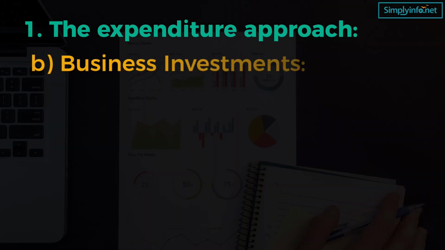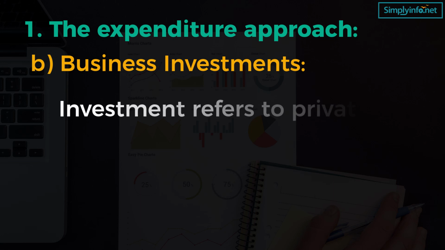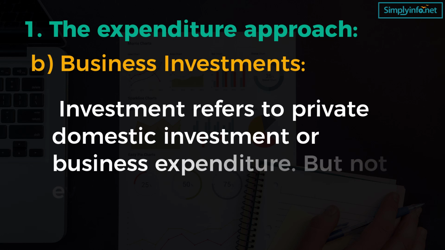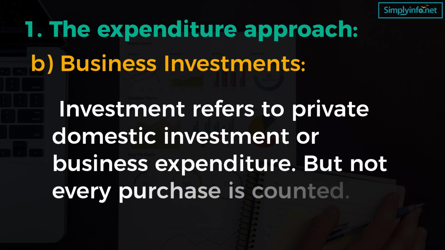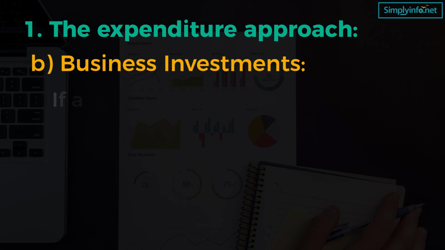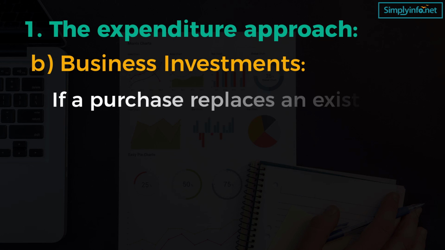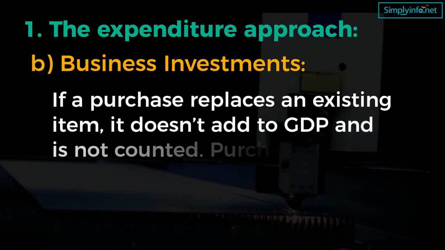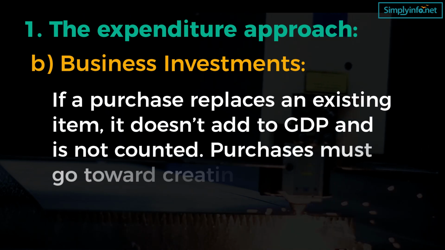Now let's look into B, the business investment. Investment refers to private domestic investment or business expenditure, but not every purchase is counted. If a purchase replaces an existing item, it doesn't add to GDP and is not counted.